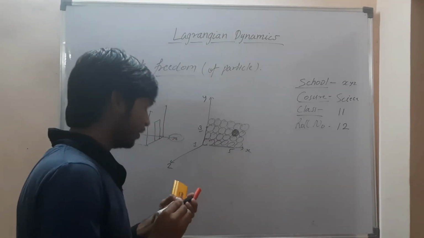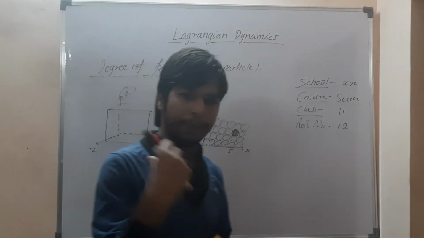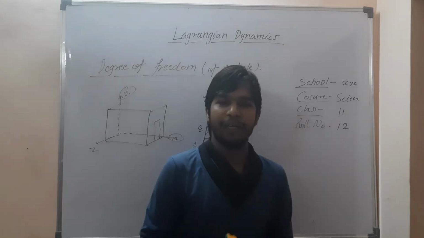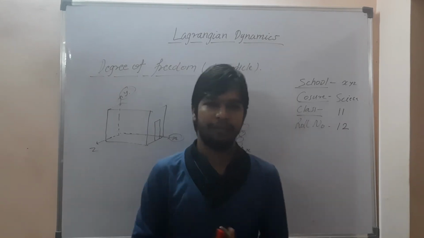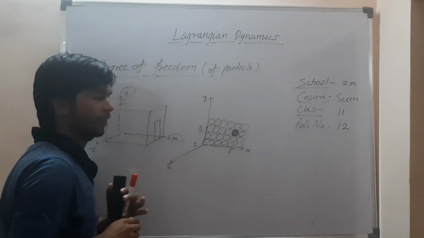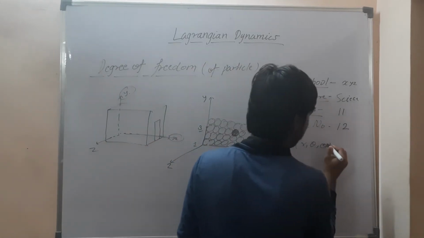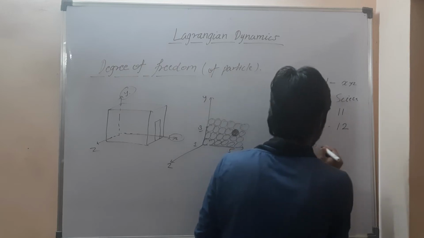Now let me introduce the definition of degree of freedom. Degree of freedom is the minimum number of required independent coordinates to define the location of a particle in this space. What are coordinates? X coordinate, Y coordinate, Z coordinate, and it may be R, phi, theta.